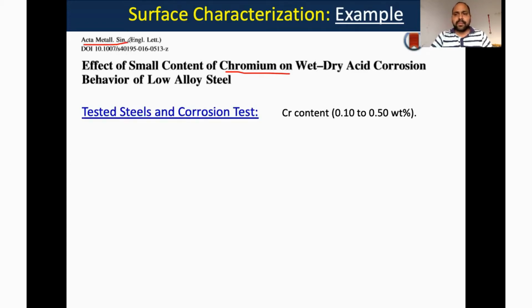So what is the sample here? The test steel for the corrosion test had a chromium content of 0.10 to 0.50 weight%.